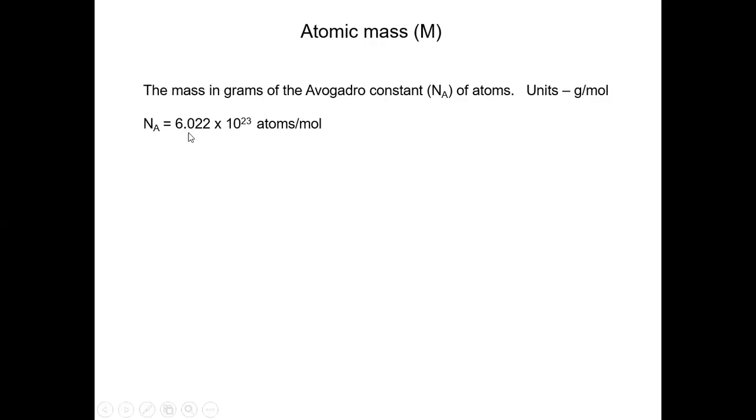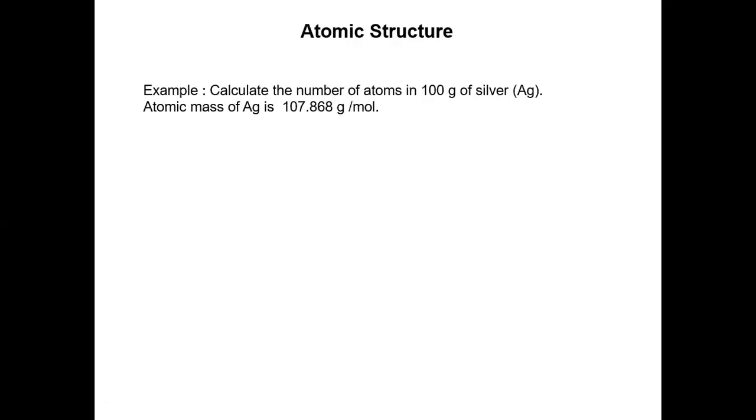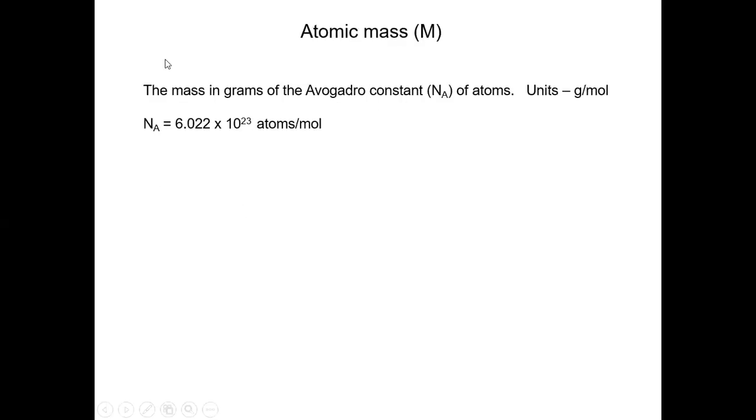The weight of this amount of atoms in grams we call atomic mass. Atomic mass, the unit is grams per mole. I will describe this example in the next recording.